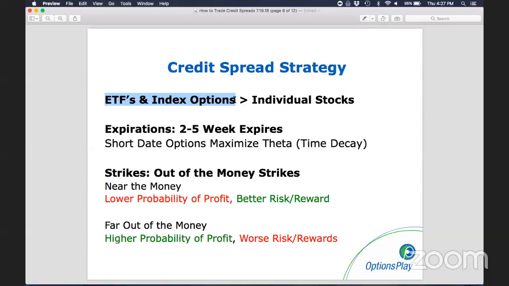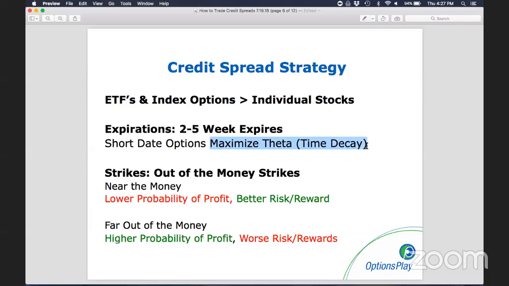Next, once you've found an ETF or index that you want to sell a credit spread on, how do you choose your expirations and strike prices? For expirations, it's pretty straightforward. Usually, credit spread strategies use very short-dated options, anywhere from 2 to 5 weeks from expiration. The reason you typically choose short-dated options is because you want to maximize theta, or time decay.